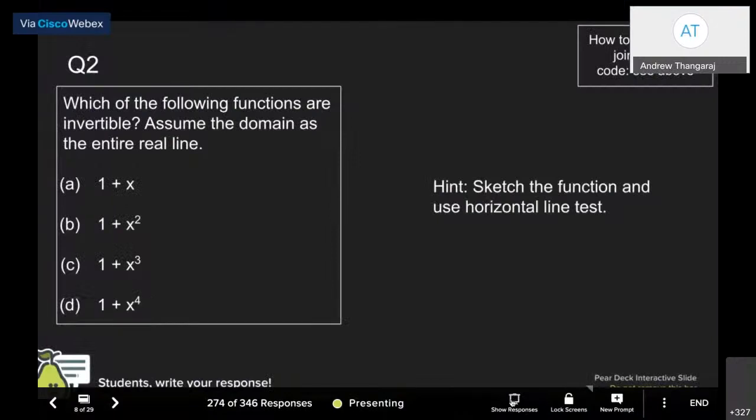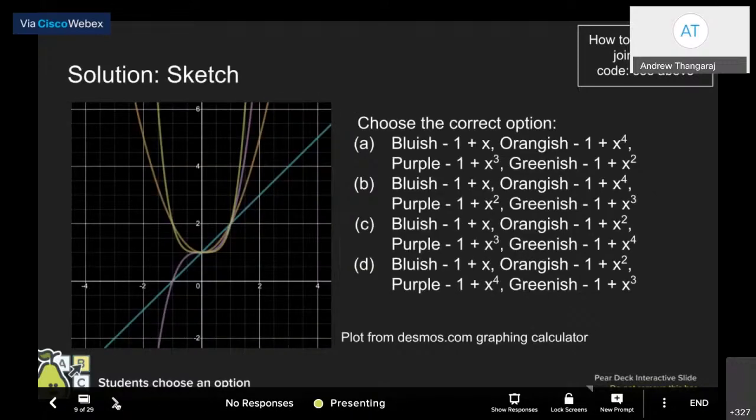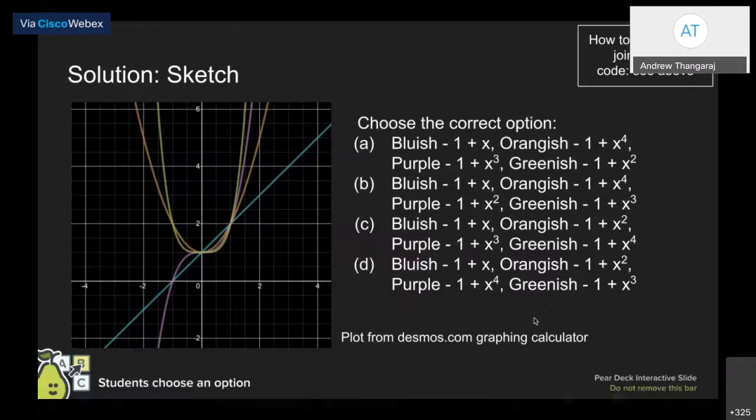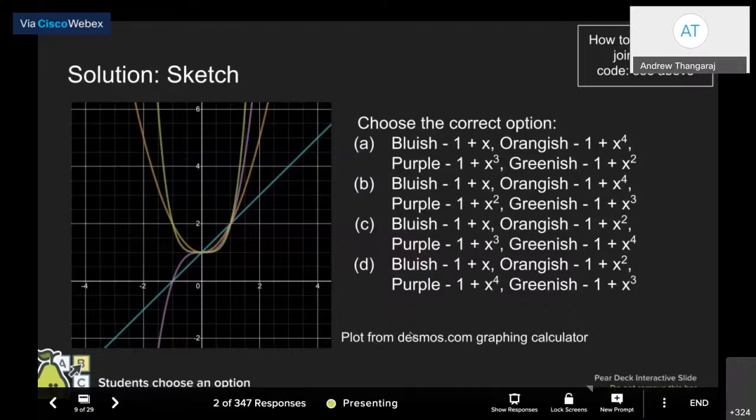That I have. And like I said, the first task is to sketch the function. Now, sketching the function can often be quite complicated, and so today you can use a lot of online tools to simplify your sketching. One tool that I found quite useful is the desmos.com graphing calculator.